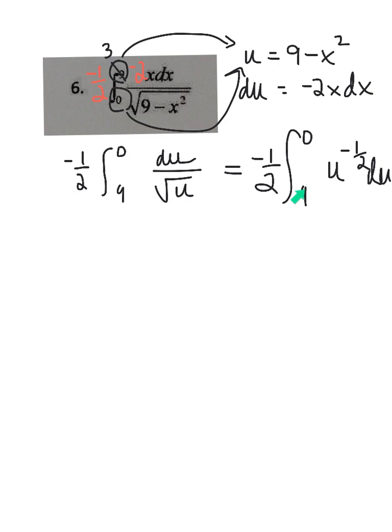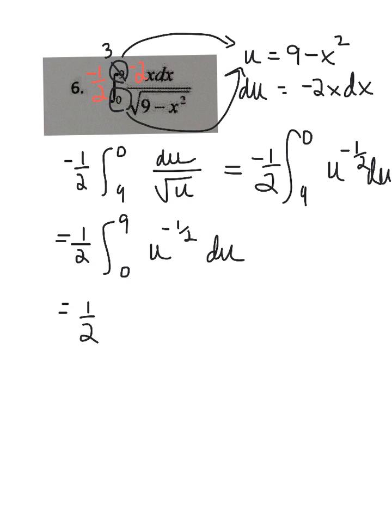My larger number should be up here, and my smaller number should be down here. So I'm going to switch these, and I'm going to negate this while I'm at it. That's going to make that 1/2 the integral from 0 to 9. And then here we go: u to the negative 1/2 du. Now let's integrate.